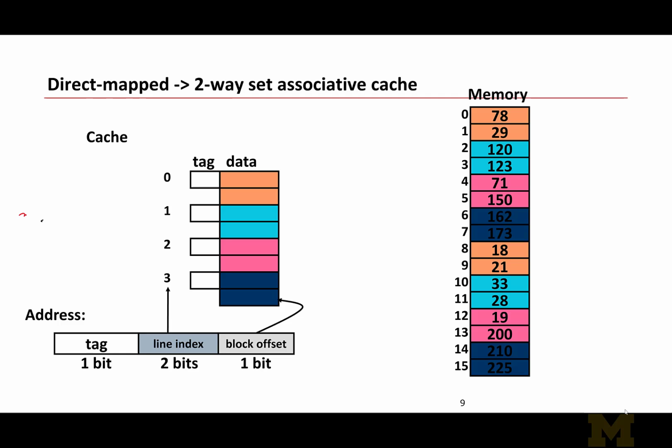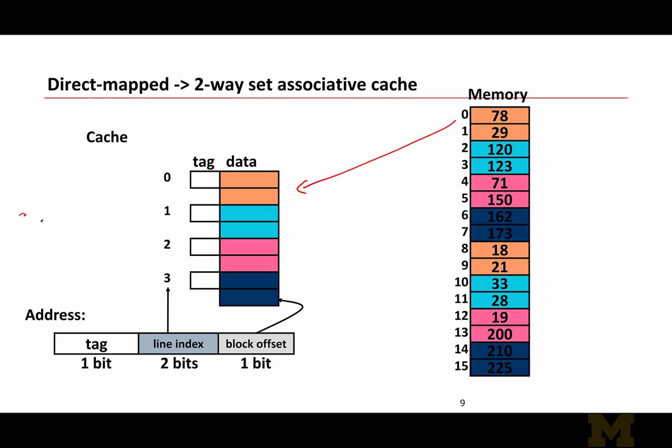Well, to explain that, let me first start with the direct mapped cache. What I'm showing in this picture is a direct mapped cache with 4 cache lines. And like we said, a direct mapped cache is too restrictive because a given cache block can be mapped to exactly one cache line.